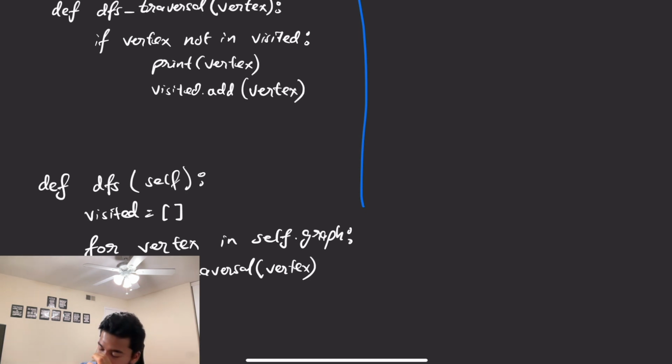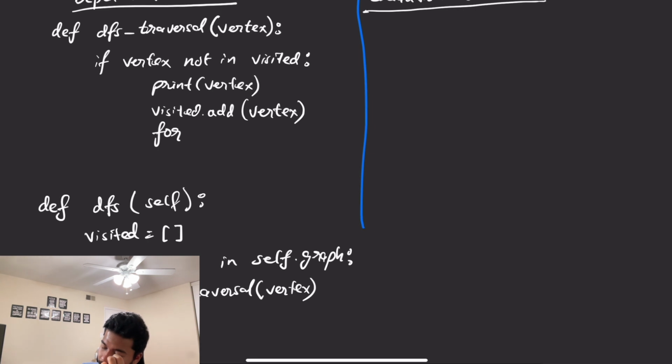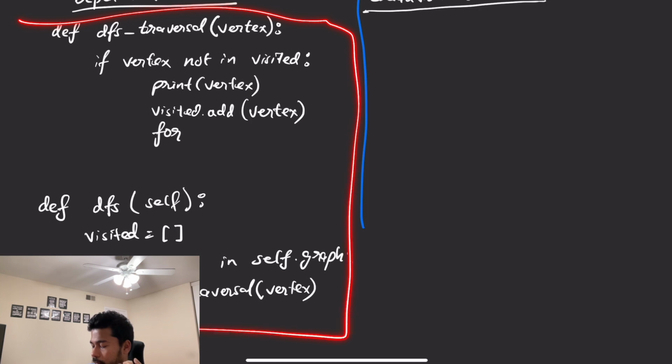So now you know that you try and start your journey at every city. But if you start your journey at a city, you would first want to check, have I even been here before or not?